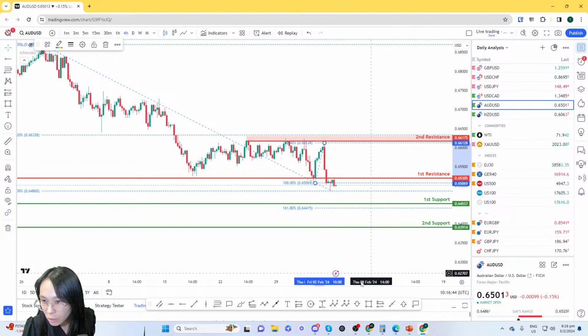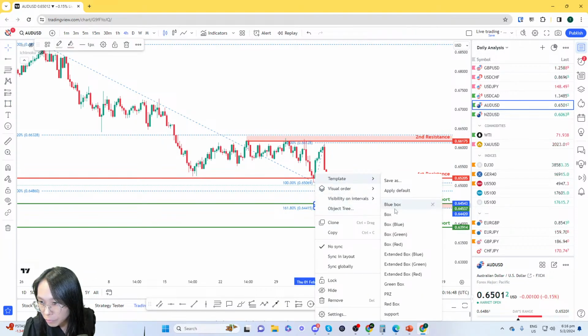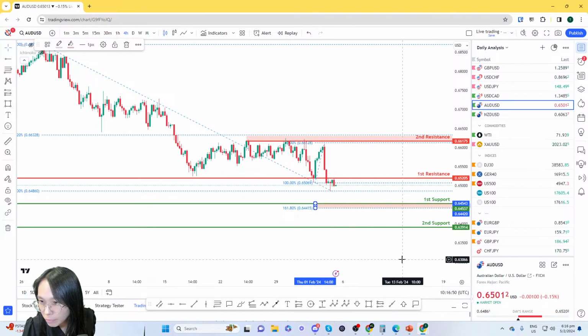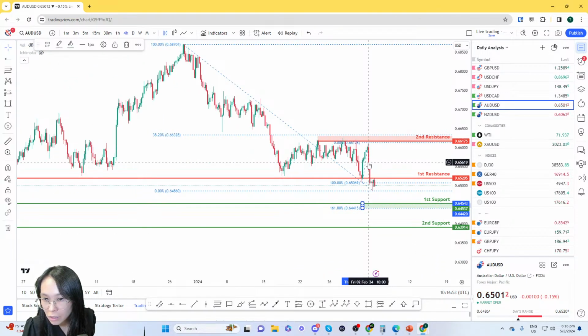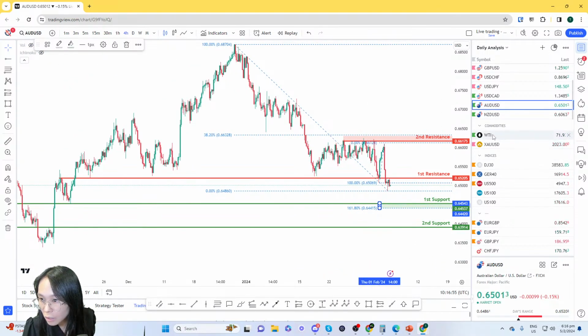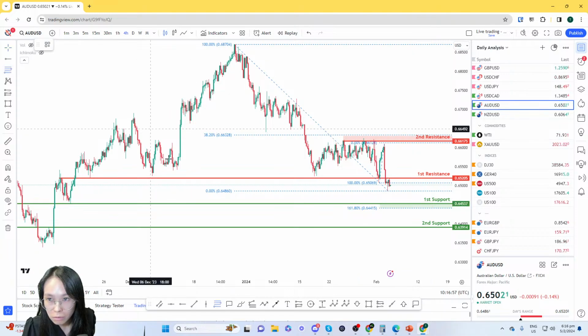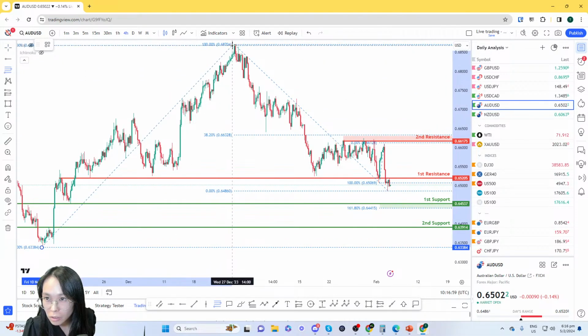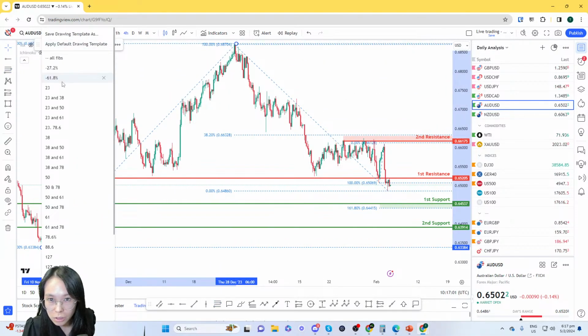The 161 extension aligns with our first support. This is also pretty nice to draw.